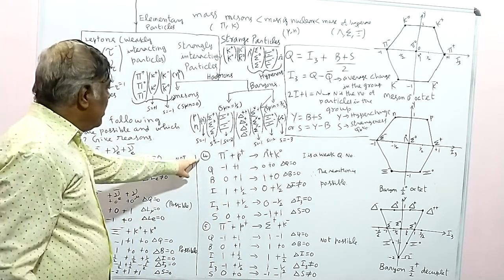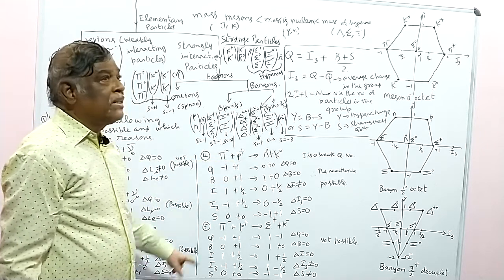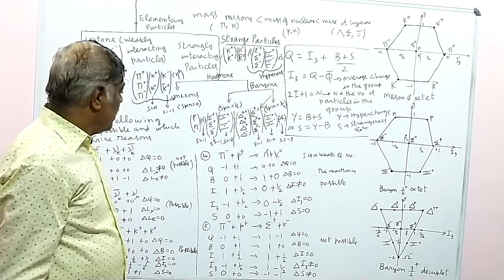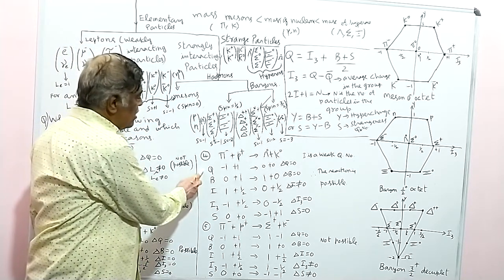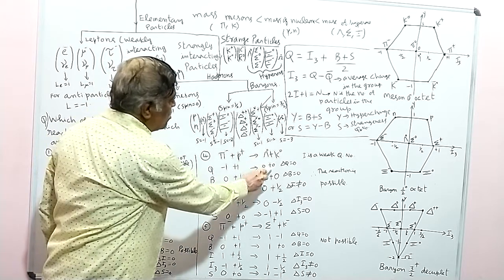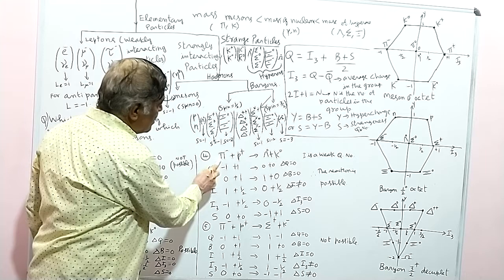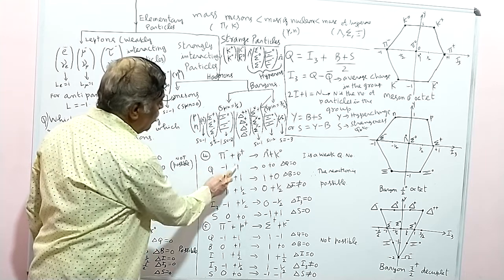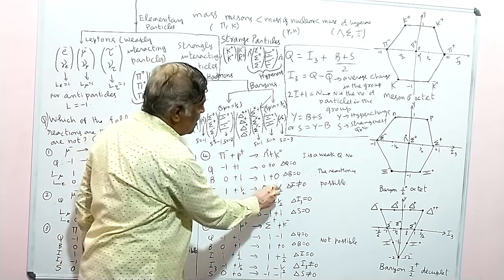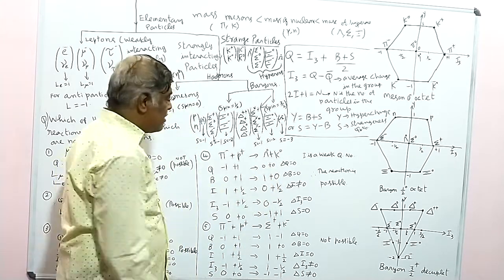Now we take the fourth example, which is pi minus plus p plus, which is equal to lambda 0 plus k 0. Now you write down the charge value on both sides: minus 1 plus 1, here 0, 0, delta Q is 0. B value: pi is a meson, therefore baryon number is 0, proton is plus 1. On the other side, lambda 0 and k 0: k 0 is a meson, this is 0, lambda 0 is a baryon, this is 1.